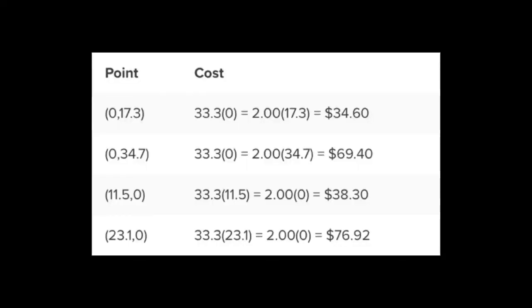So we plot this in our Cartesian plane. Since the problem is bounded, we now check to see which one minimizes cost. For (0, 17.3), we substitute this into the objective function. We have 3.33 times 0 plus 2 times 17.3 equals 34.60.